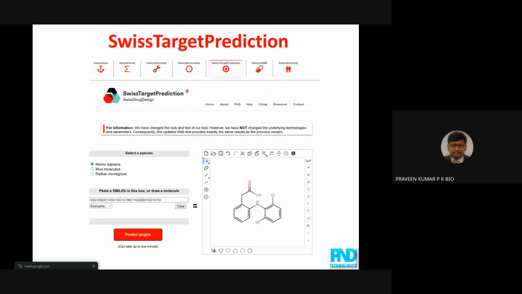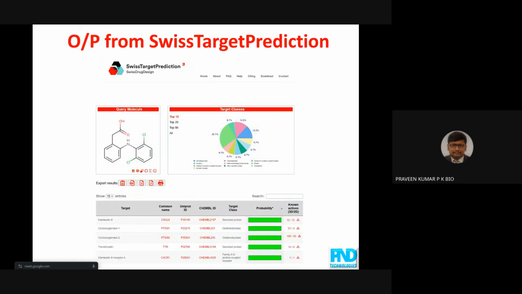Now let me go ahead with Swiss Target Prediction. This option is present here. In this, simply paste the SMILES format, same diclofenac sodium, and then click predict targets. This works similar to target deconvolution. You remember target deconvolution?